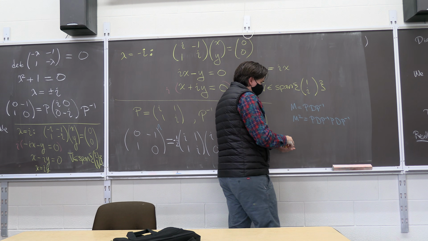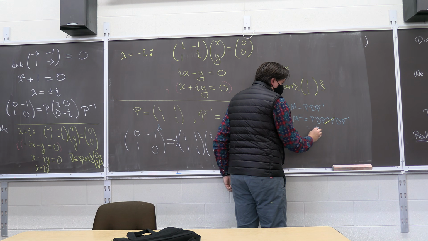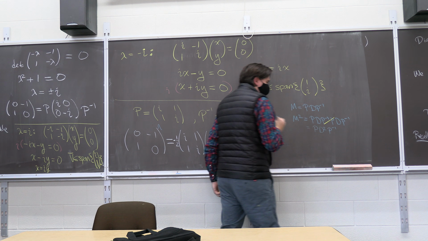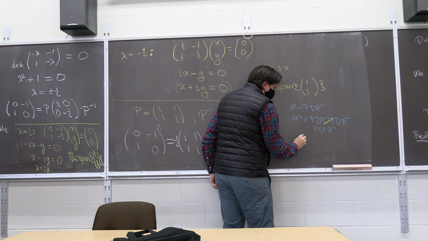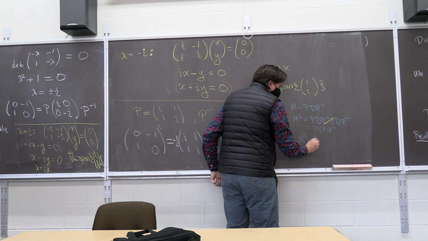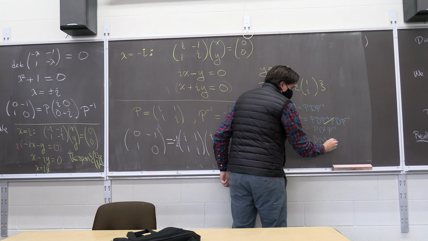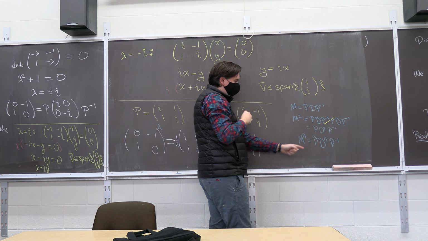And so the P inverse and that P cancel. And so you end up with just P, D squared, P inverse. And in general, M to the n is just any of these lined up. And so it comes out to just be P, D to the n, P inverse, because all your P, P inverses cancel in the middle, leaving you just one in the beginning and one at the end.